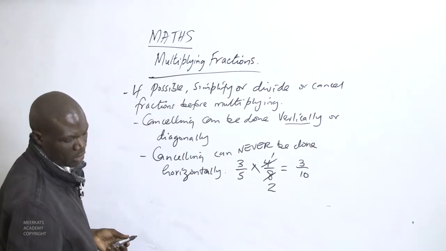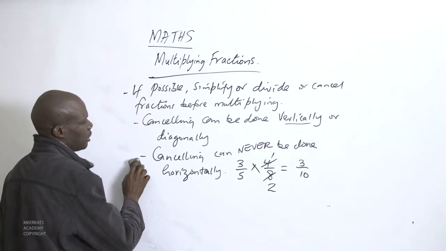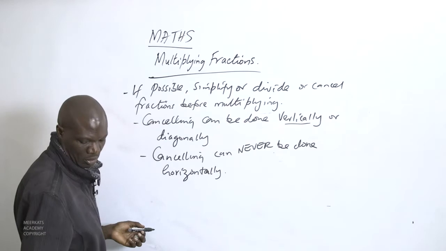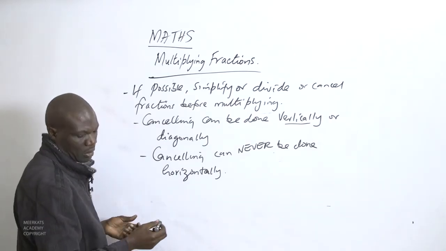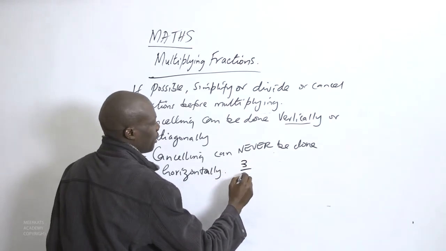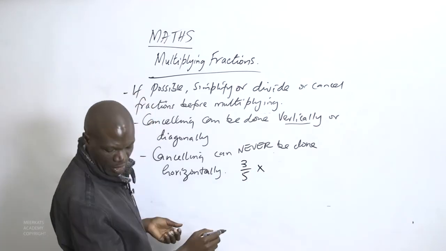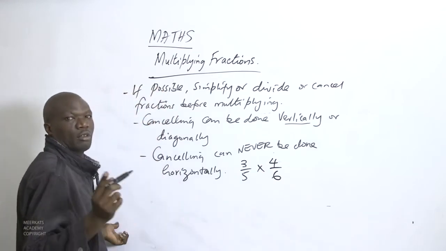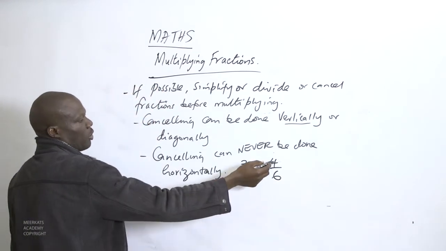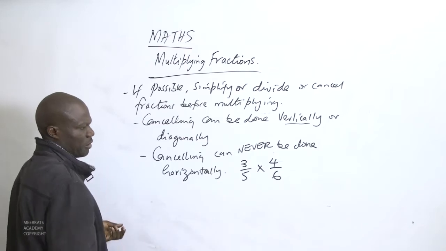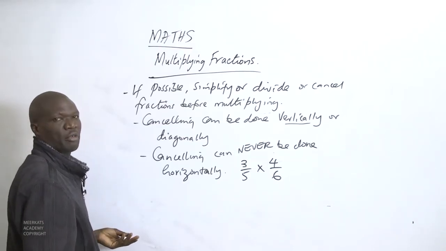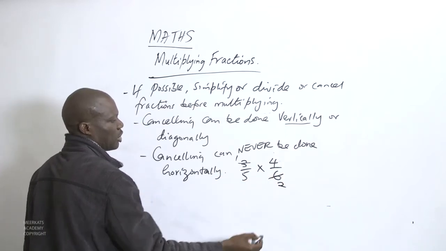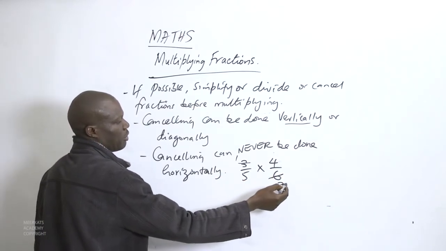For diagonal cancelling, take for example 3 over 5 multiplied by 4 over 6. For this one, vertical cancelling cannot be done, but we find that we have the highest common factor diagonally. So 3 divided by 3 is 1, 6 divided by 3 is 2, and then 4 divided by 2 is 2, and 2 divided by 2 is 1.